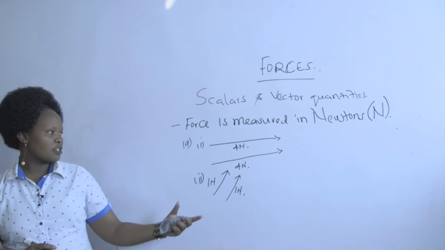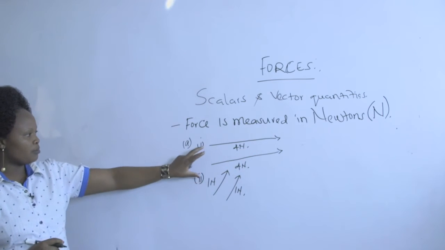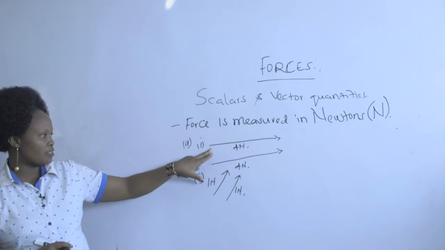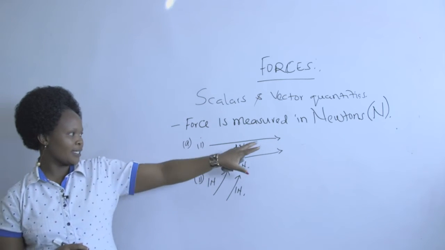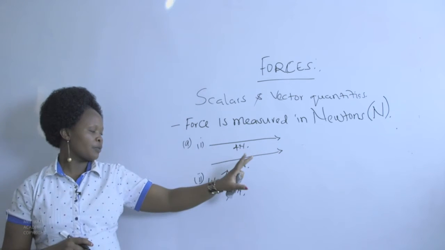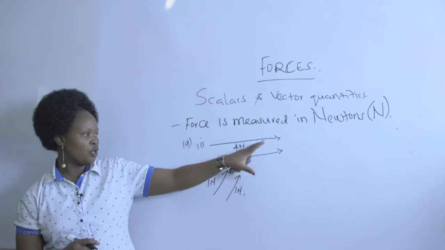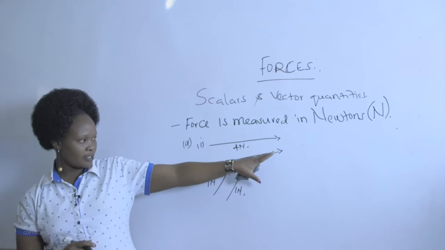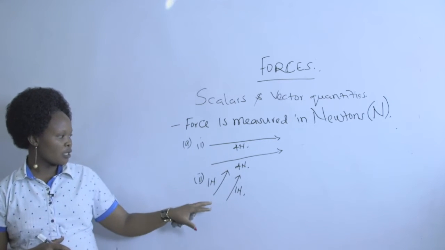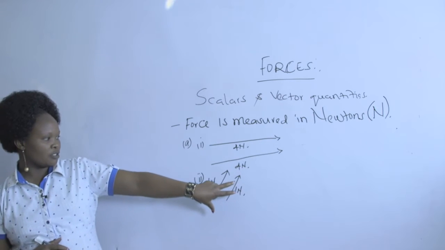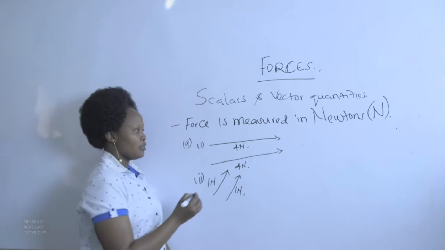Now, these pairs are equal. For example, in part A, the first force is 4 newtons in magnitude and acting in the right direction. And the same case applies to the force 2, which is also 4 newtons and in the same direction. If you look at the second pair, the two forces are equal in magnitude, and again, they act in opposite direction.